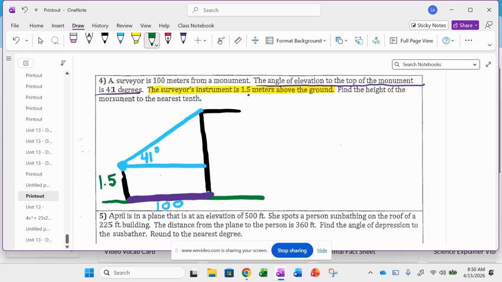Isn't that good? Because that was where we gave the surveyor height. Find the height of the monument to the nearest tenth. Okay, so ultimately, do we all agree I need to find this total height? But now we have the right triangle right here.